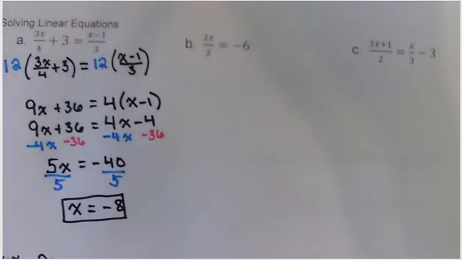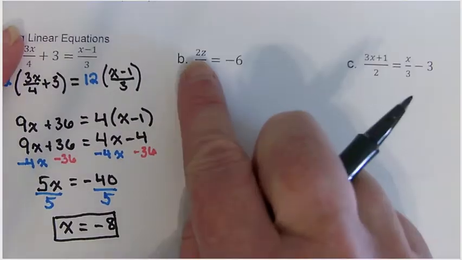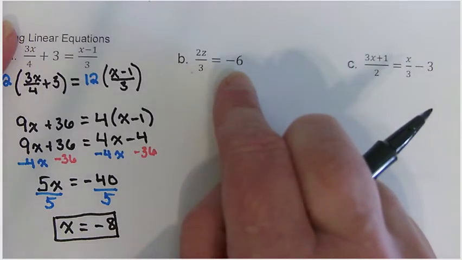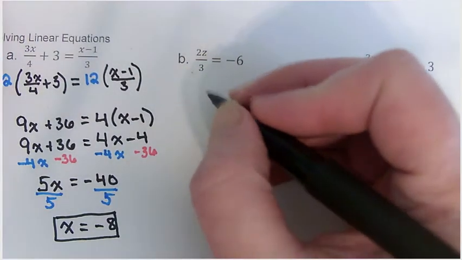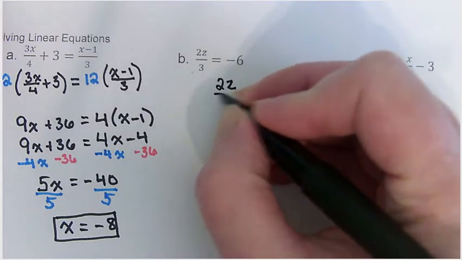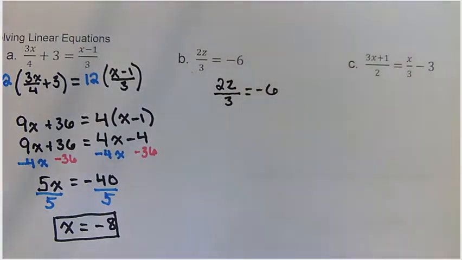All right, next one. Let me fix my camera a little bit. There we go. We got 2z, so my variable z, over 3 equals negative 6. So again, this one only has one denominator. It's a 3. So I'm going to multiply both sides by 3.